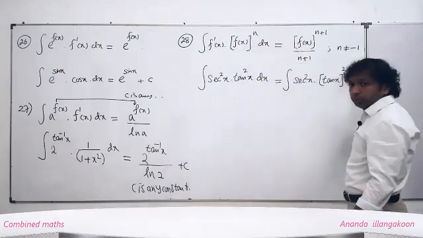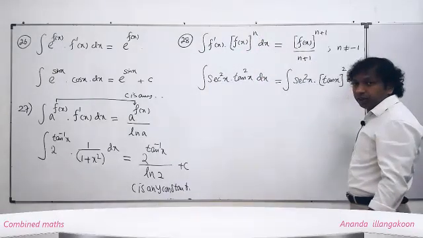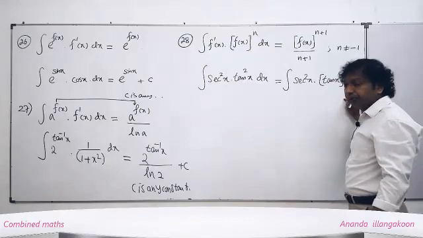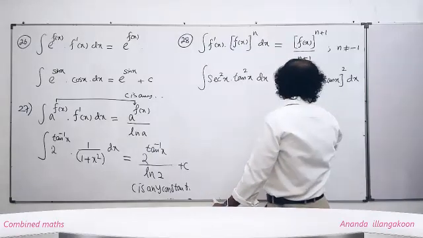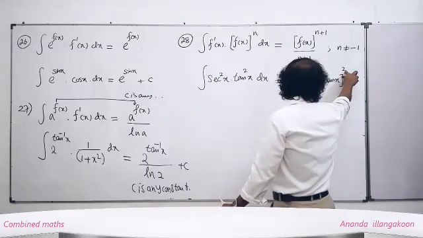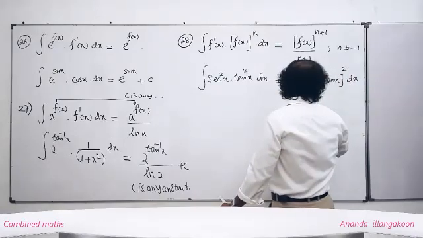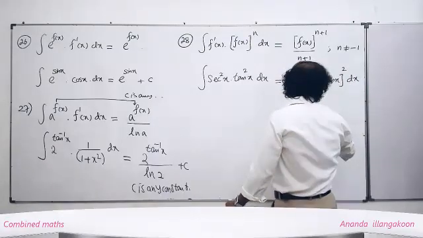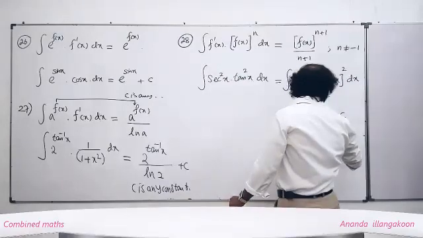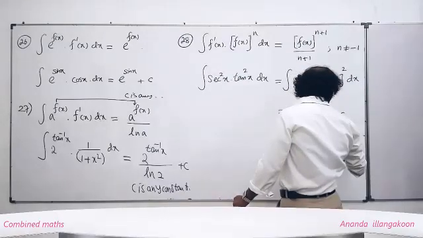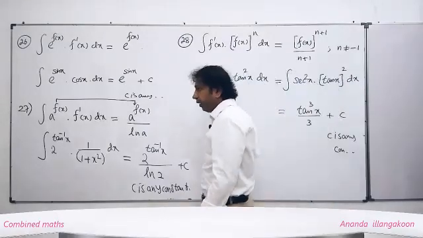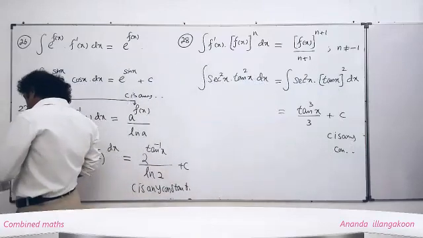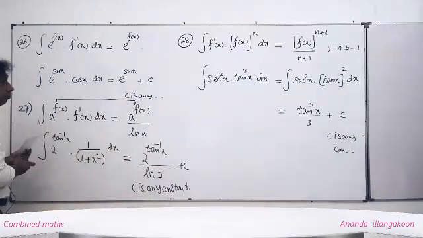Here the power is 2. Add 1 and divide by the new power. 2 plus 1 is 3, no? Then the answer is tan x to the power 3, meaning tan cube x divided by 3 plus c, where c is any constant. Like that, we get the 28 form result, right?